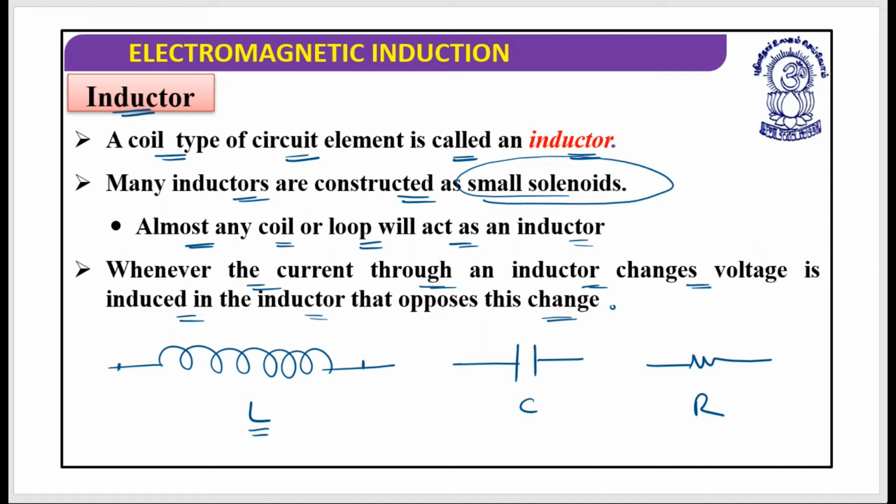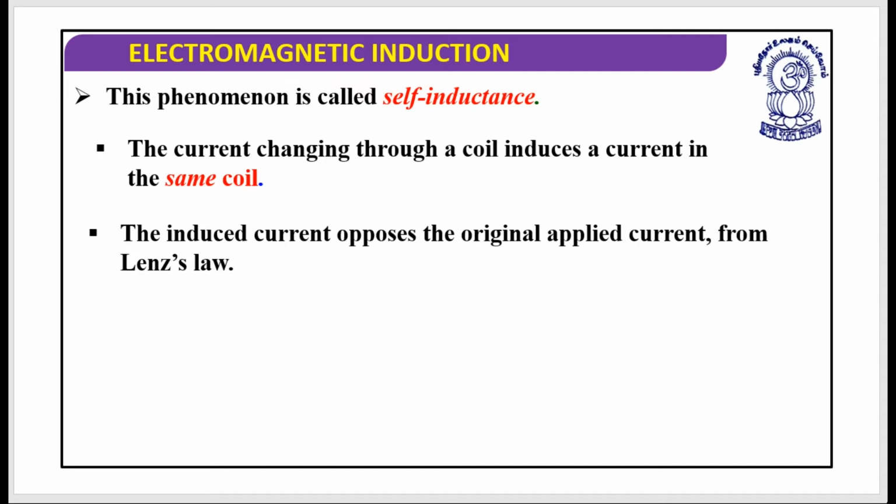If you take a wire and convert it into circular loops, then this segment of circular loops can be considered as an inductor. I hope this is clear. Is it clear? Great.